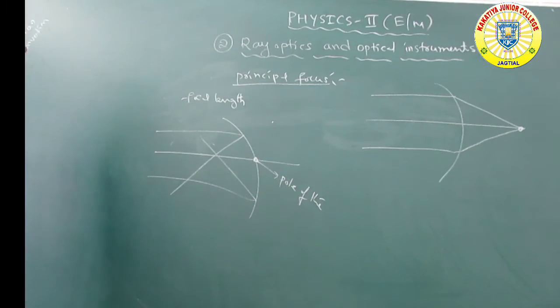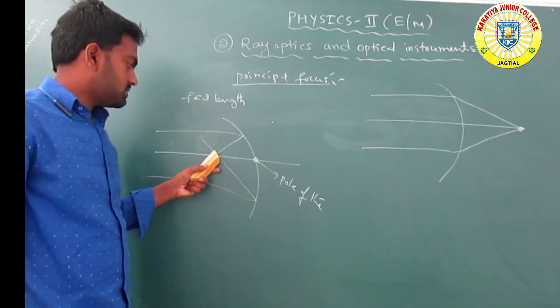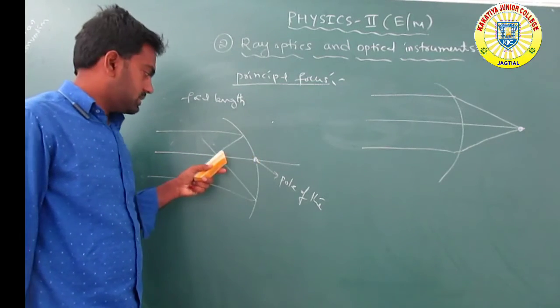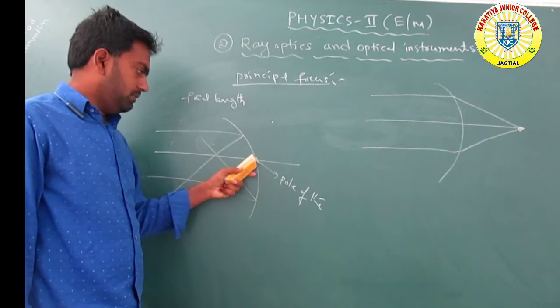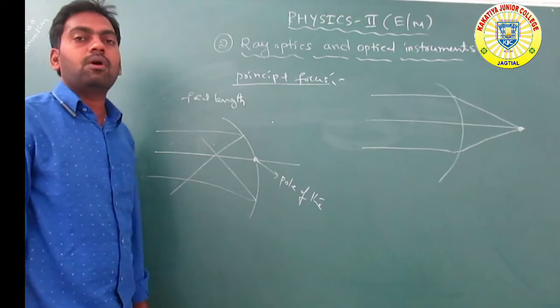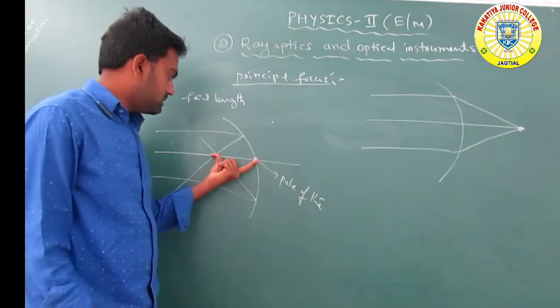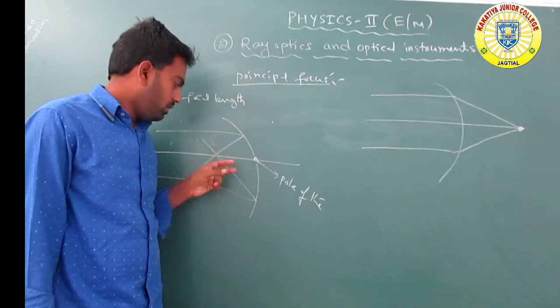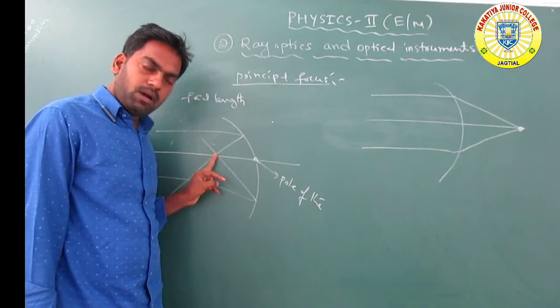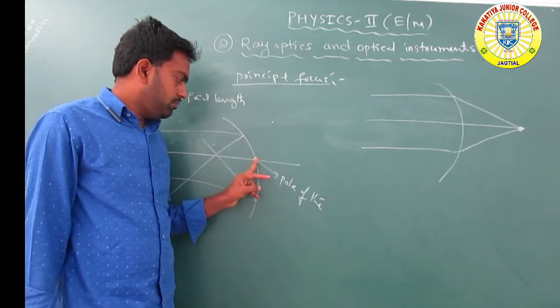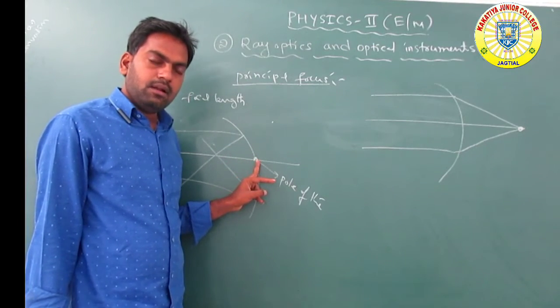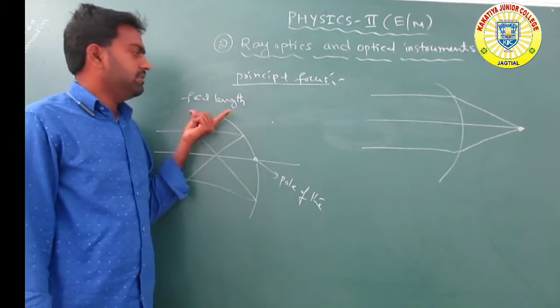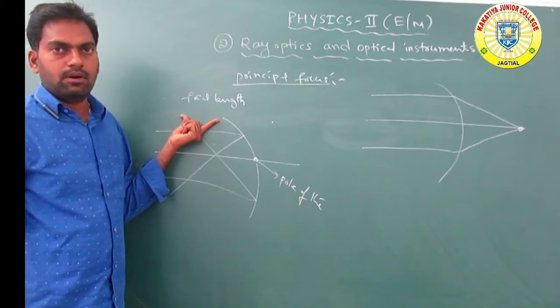The distance between the focus and the pole of the mirror is called the focal length. The distance between the focus and the pole of the concave lens is the focal length. Got it?